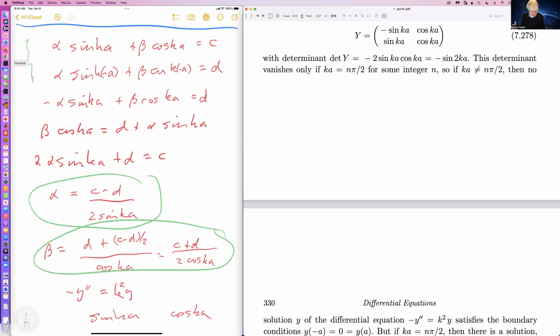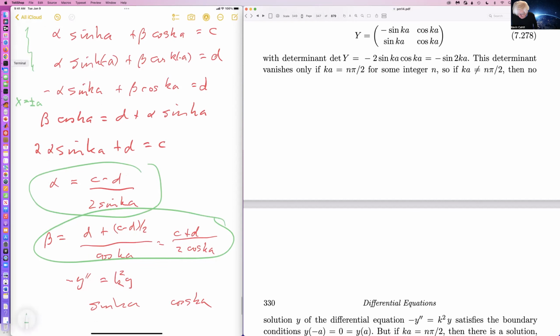If you set the boundary conditions at x equal to plus or minus a, then you can solve them, and you get a unique solution: alpha given by the difference of the two boundary conditions divided by twice the sine, and beta, the sum of the two divided by twice the cosine.